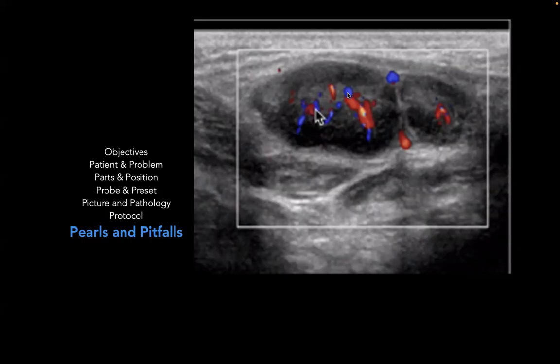If it is more of an atypical lymph node or a reactive lymph node, the lymph node will look more round in characteristic. The vascularity of the blood flow will potentially be more hypervascular, so there will be more blood flow, and it might be even more peripheral.